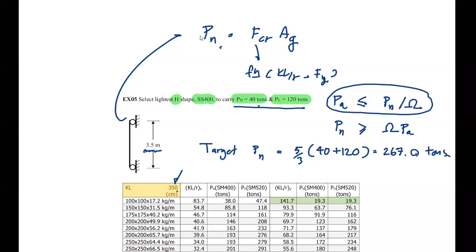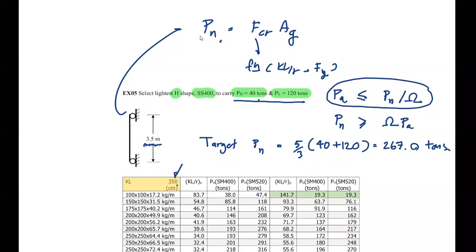For example, if you look at KL equal to this, for H 100 by 100, it's going to have different KL/R for the X and Y axis, right? And if KL is fixed, KL/Ry should be larger than KL/Rx, and therefore it should have a smaller load. You see? Because the unbraced lengths are the same, we know that KL/Ry should govern.